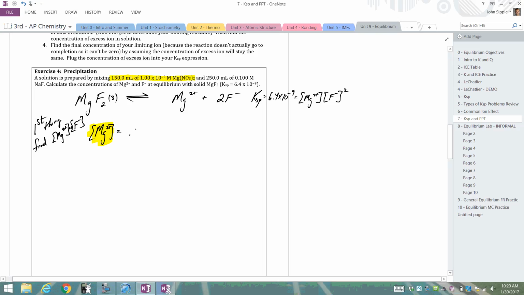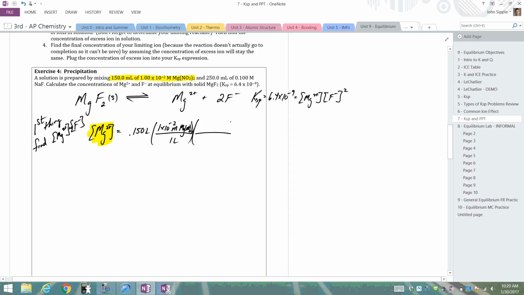We've got 0.150 liters, multiplied by 1 times 10 to the minus 2 molar magnesium nitrate per 1 liter. That's a 1-to-1 mole ratio.